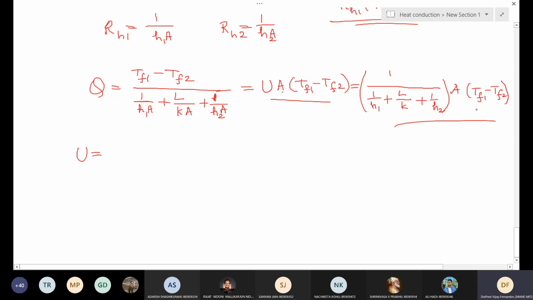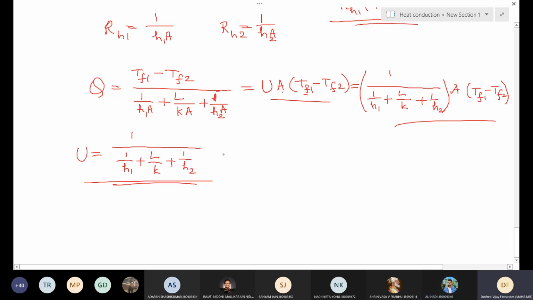We have area there, here also we have. TF1, here also we have that same. So that remaining should be U, right? What is remaining? U equals 1 by, 1 by H1 plus L by K plus 1 by H2.